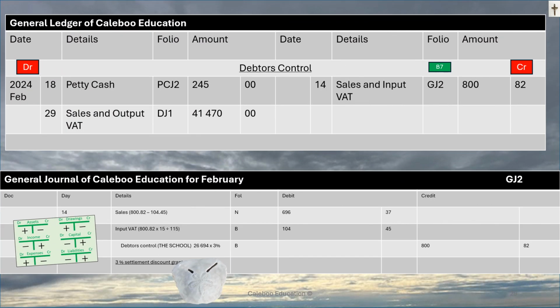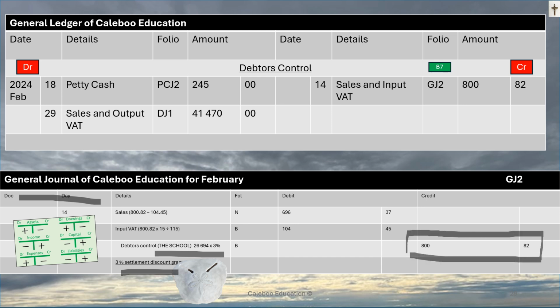Then we have a transaction that took place in the general journal, and it was settlement discount that was given to the school, and we calculated the amount to be 800 Rand and 82 cents.